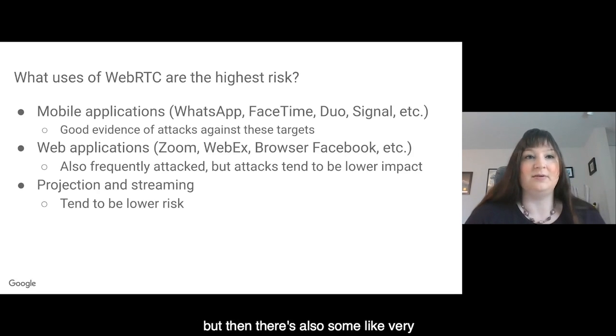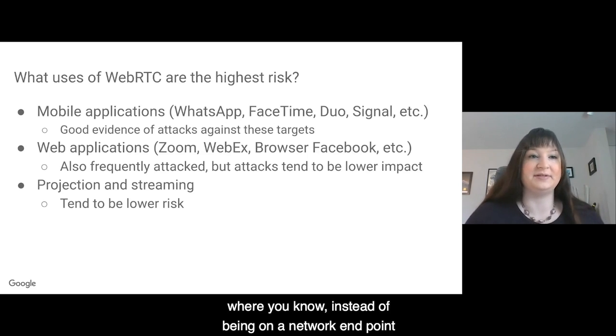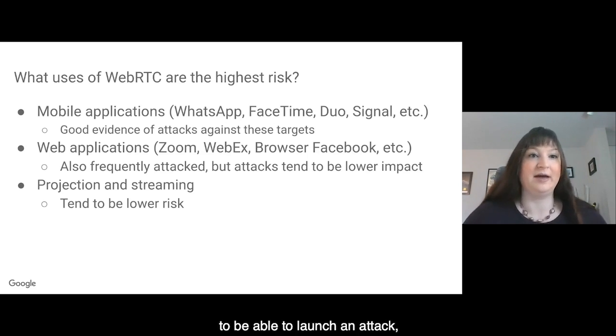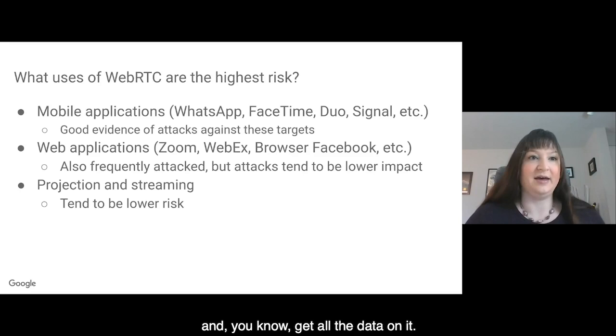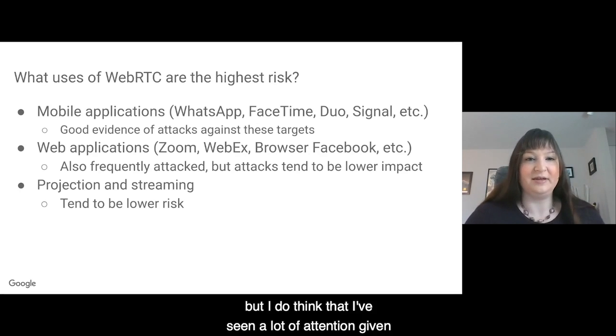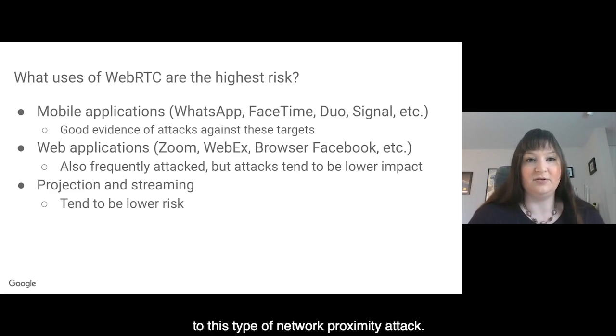But then there's also some what I think are even worse problems where, instead of being on a network endpoint and being able to launch an attack, you can actually take over someone's device and get all the data on it. And I think these are all important, but I do think that I've seen a lot of attention given to this type of network proximity attack.